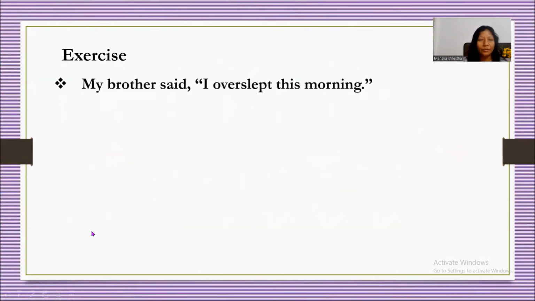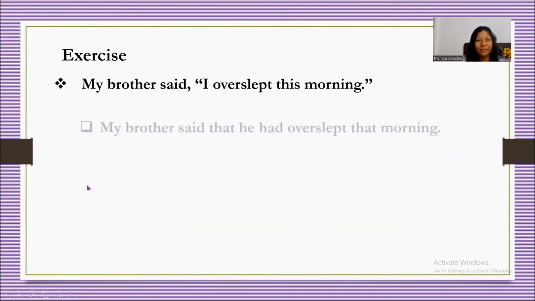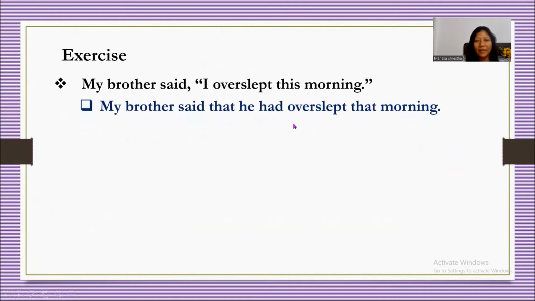Now we do some exercises. Let's do some exercises here. My brother said, "I overslept this morning." So what can be the reported speech here? My brother said that he had overslept that morning. Here, said changes into said, and the joining word in a statement sentence is that.